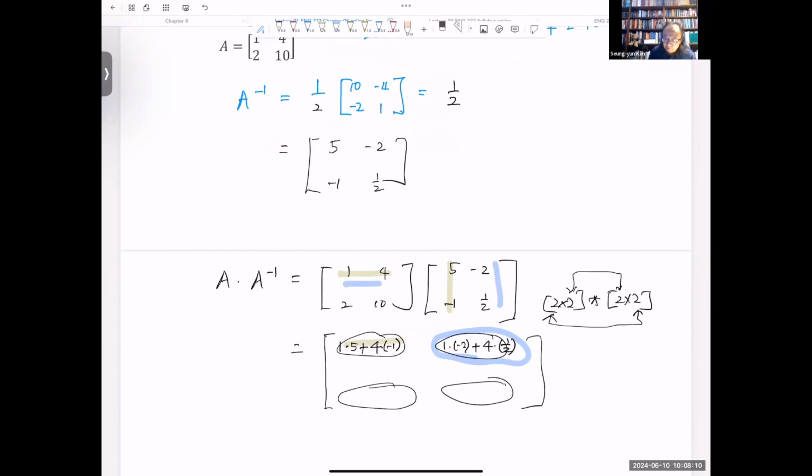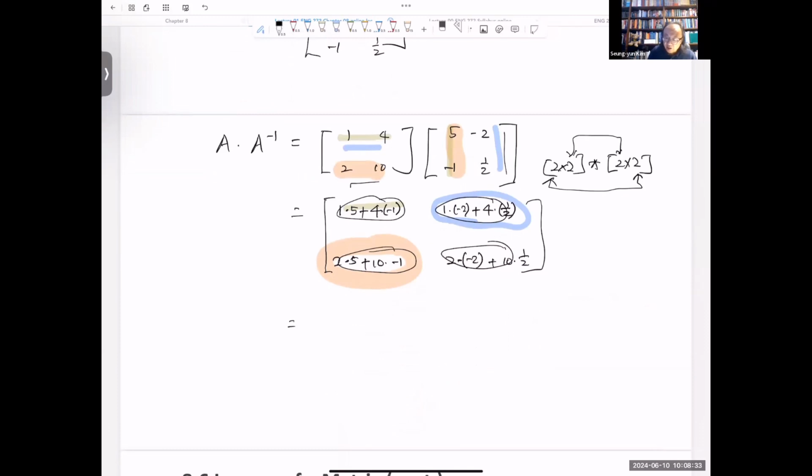Row by column, 2 times 5 plus 10 times negative 1. And finally, row by column, 2 times negative 2 plus 10 times 1 over 2.